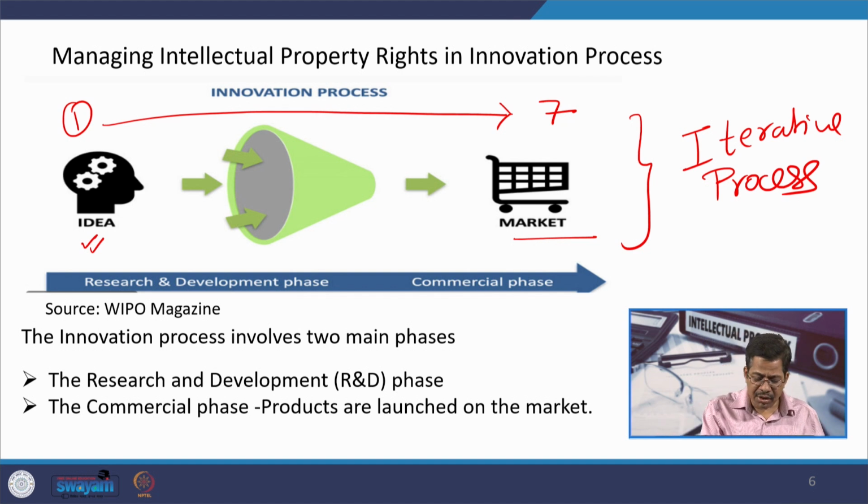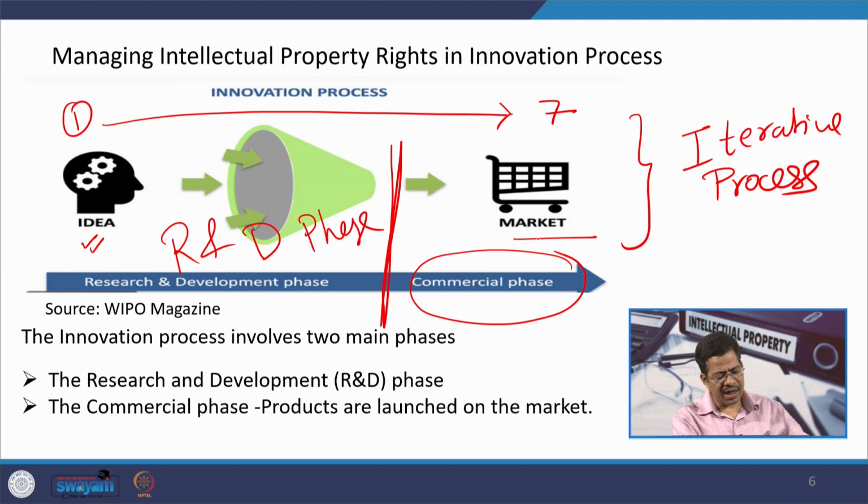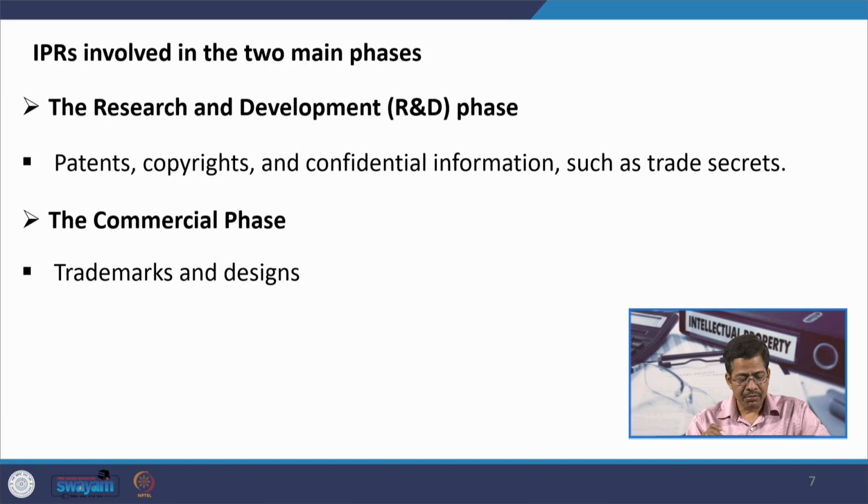Now, out of this entire activity up to here, you can say that it is the R&D phase, and then this is the market phase, commercial phase. So, R&D phase and market phase, these are the two broad areas of your entire innovation process. Now, in the R&D phase, the IPRs which are going to help you, that is patent, copyrights, all the secret know-how which can be protected under the trade secret.